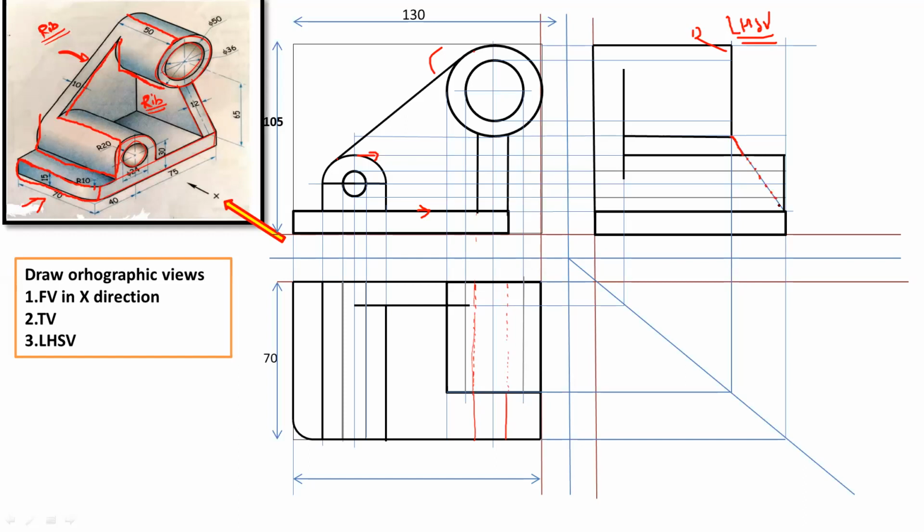So draw this by dotted line and again draw the dotted line for this hole. Okay, so this is the side view. So complete this projection on the drawing paper.